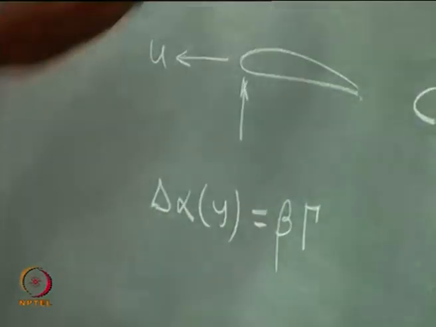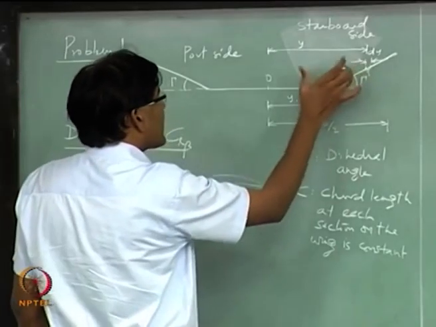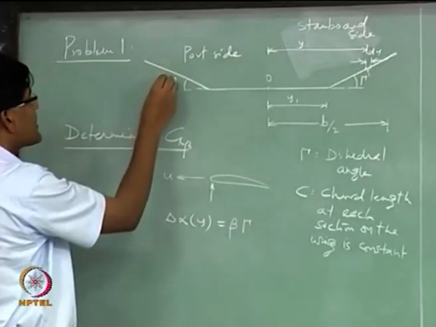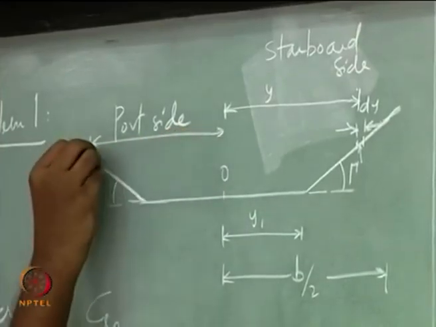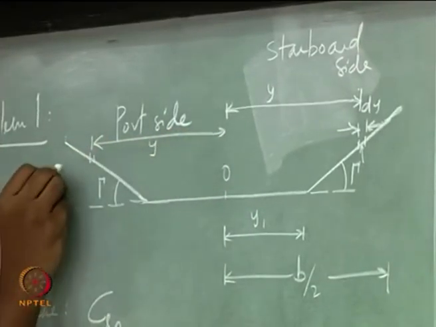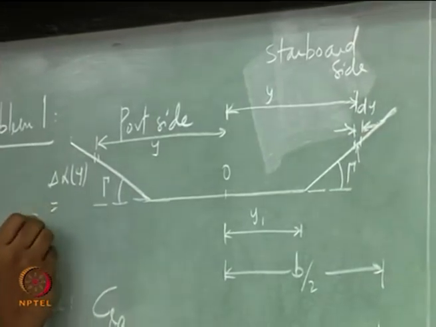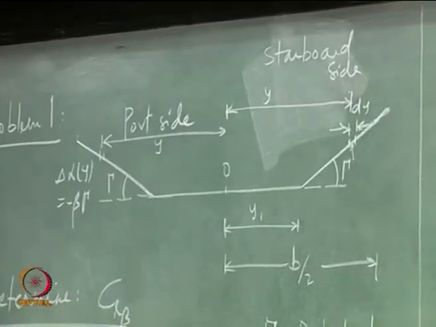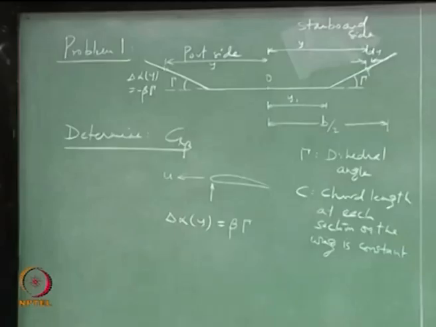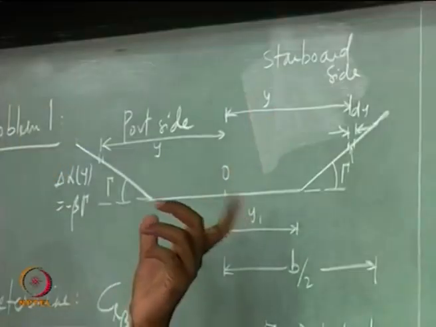Right. Similarly, if you take the section at a distance y on the other side, that is going to see a decrease in angle of attack, right. So, this aircraft is flying level flight, lift on both the sides are balanced, so that we do not have any roll. Now, there is a roll upset, because of which there is a side slip angle introduced, right.